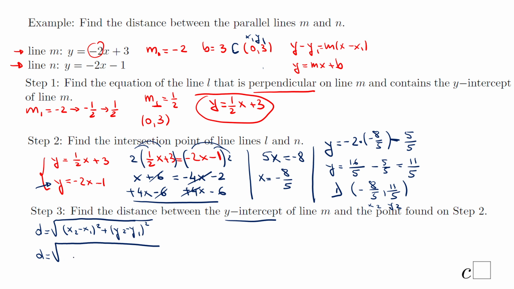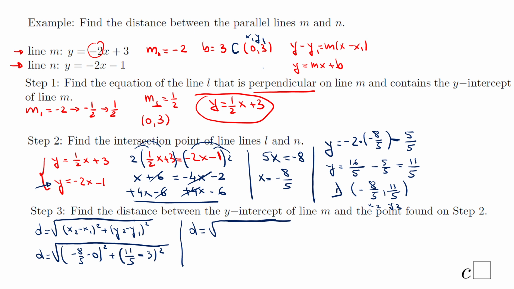X2, so that will be negative 8 over 5 minus 0, right? That will be x1, 0, plus y2. y2 is 11 over 5 minus 3. Okay, square, don't forget the square. Let's move here now. Let's do some simplification in this square root.